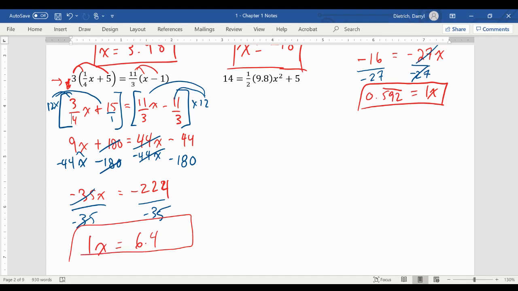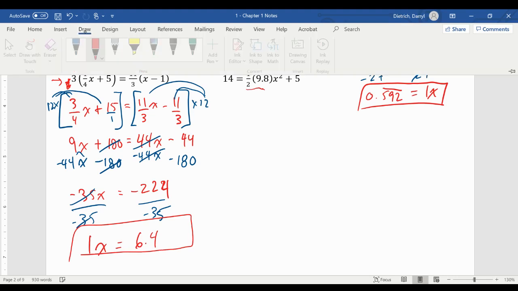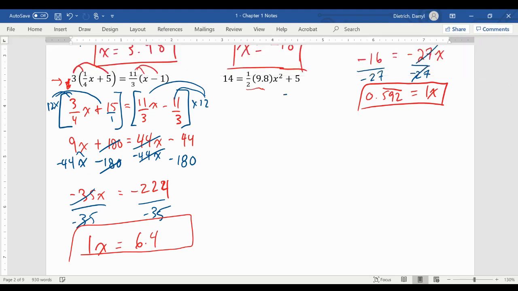Okay, our last example here. 14 is equal to 1/2 times 9.8 x squared plus 5. Okay, so I'm going to first of all just multiply my 1/2 times the 9.8. Okay, and then I'll also move the 5 over to the other side.